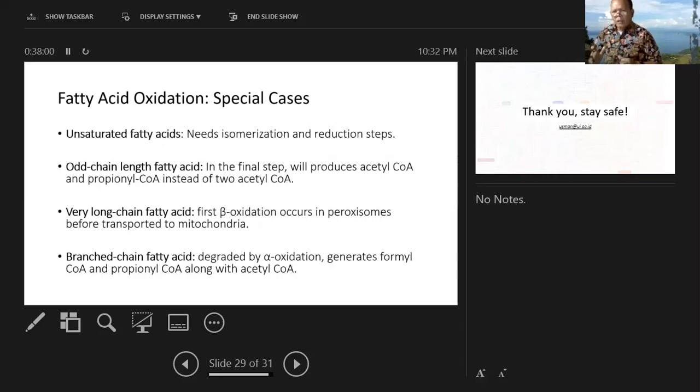Then branched chain fatty acids are degraded by alpha oxidation, generating formyl coenzyme A and propionyl coenzyme A along with acetyl-CoA. I think this is interesting knowledge considering lipids.